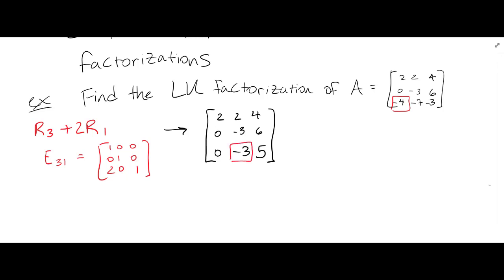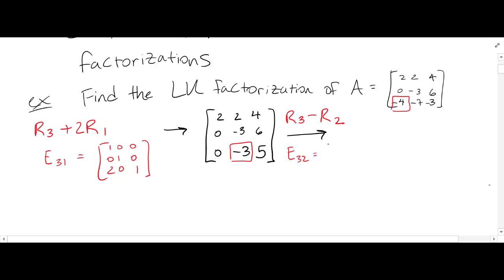Then we want to reduce this negative 3 to a 0 to get it into upper triangular form. So we can do row 3 minus row 2 in order to get that.